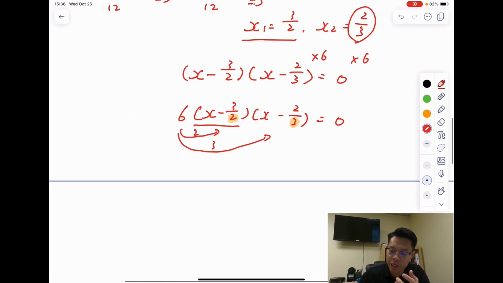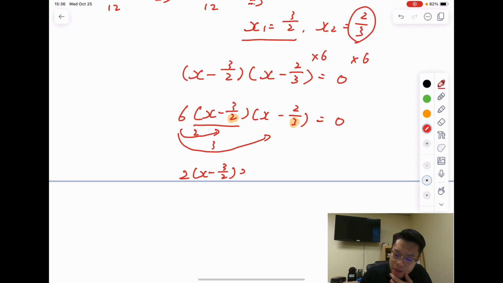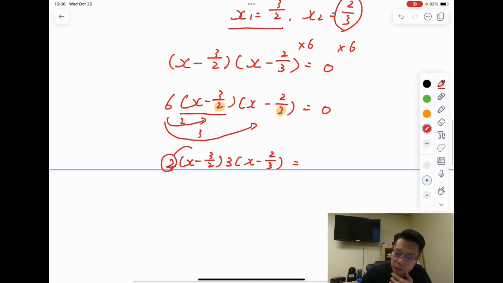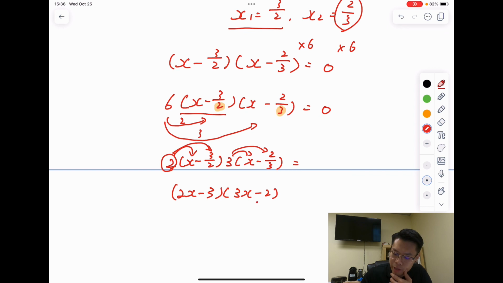So in this case, when I change everything, this will become 2 times x minus 3 over 2, and then 3 times x minus 2 over 3, which will be equal to, when you multiply the 2 inside the bracket, 2x minus 3, and then if you multiply the 3 inside, 3x minus 2. How do I get the 2 and how do I get the 3? Come on, man. You know this from previous levels.